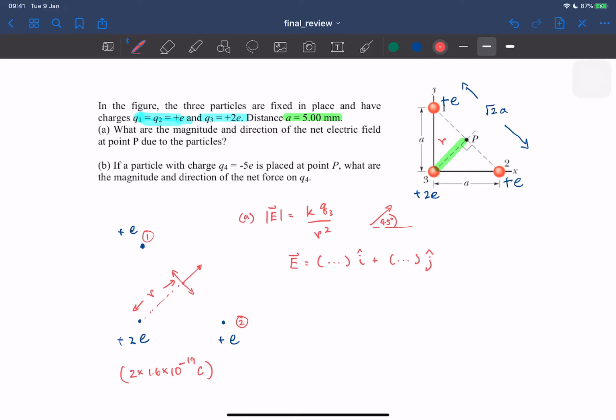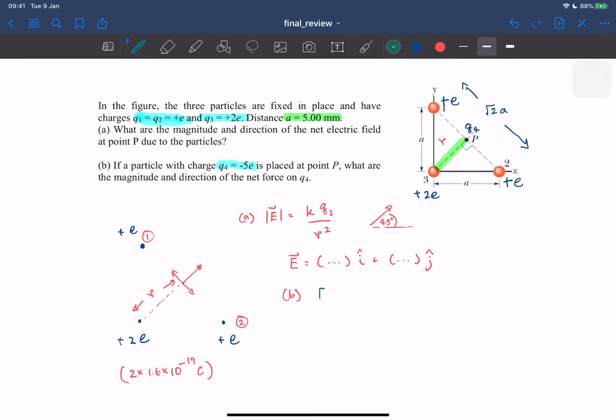So let's go to the next one, which is B. So for B, we say that if we have a fourth charge and it's put here at point P, what is the magnitude and direction of the net force on Q4?